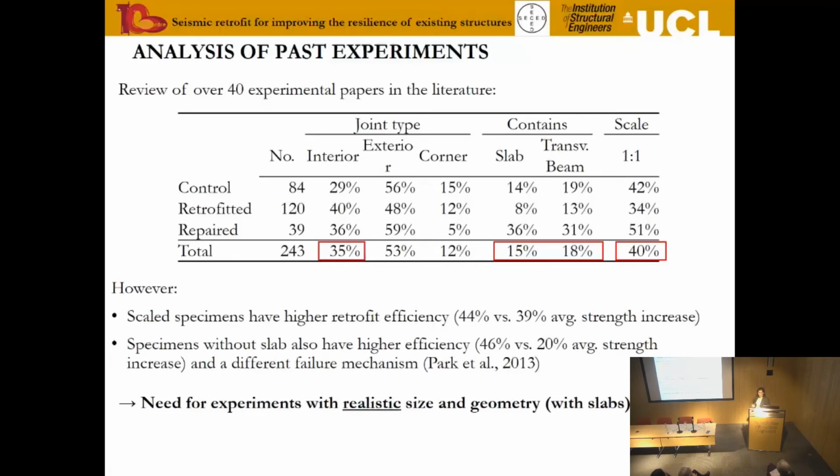Very few regard interior joints. Very few include the slab, and what we've said before is the slab is there. If we want to design a practical strengthening solution, we have to take into account what is there and what the contractor will have to deal with. So again, that's an element that's missing from the literature.